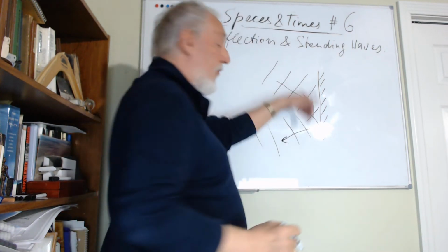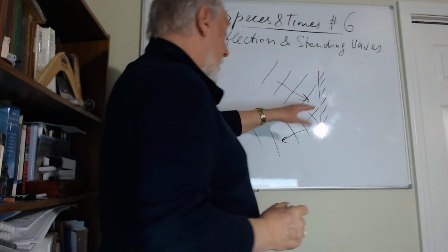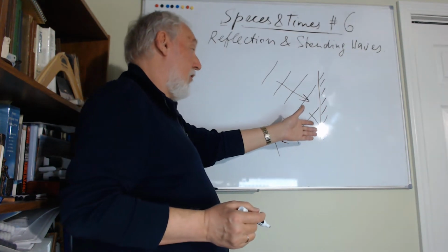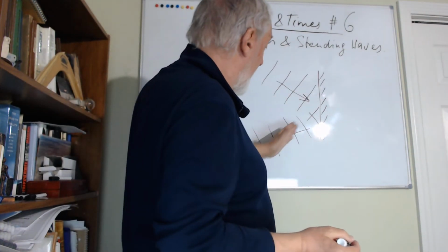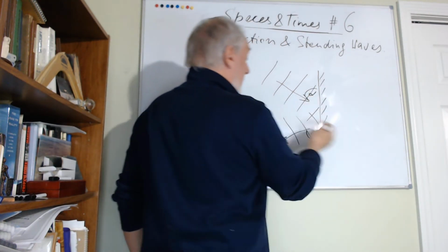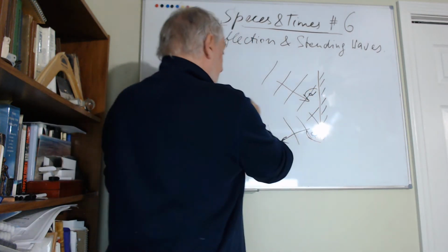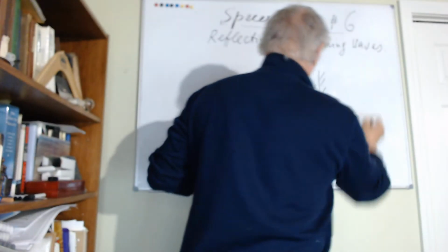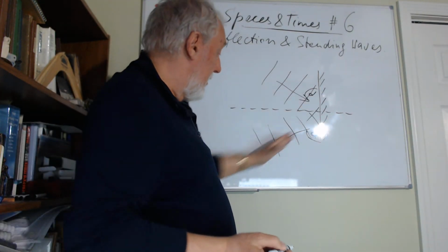Waves are reflected, and the laws of reflection are very similar to the laws of reflection of light. It's the same angle reflected: here alpha and here alpha. It's symmetrical about the perpendicular line.